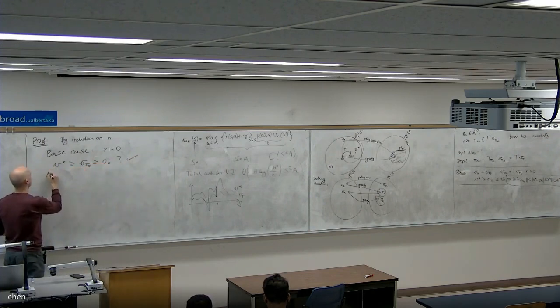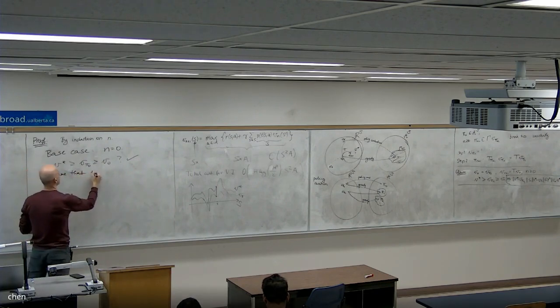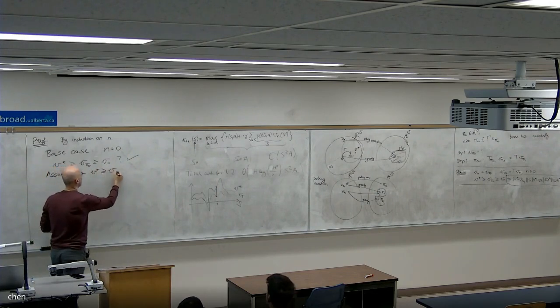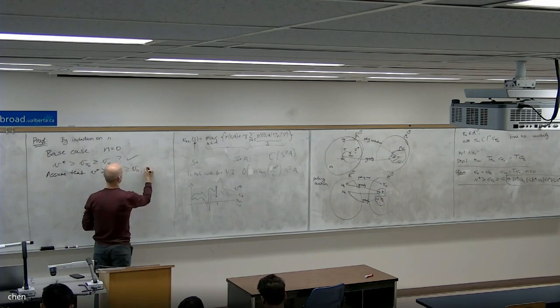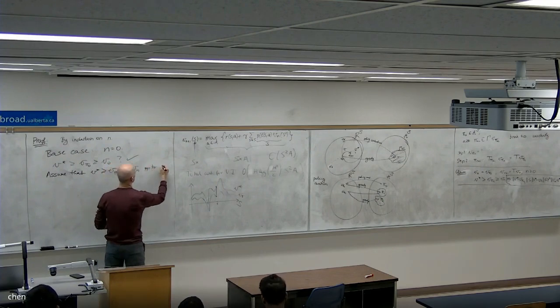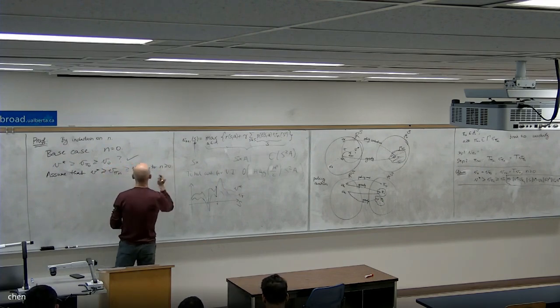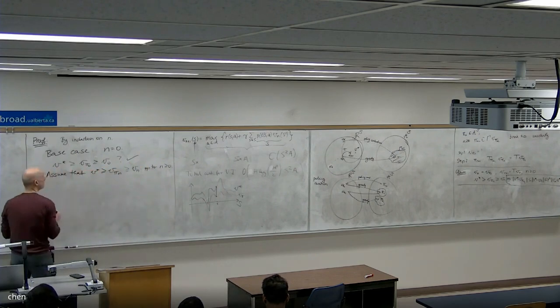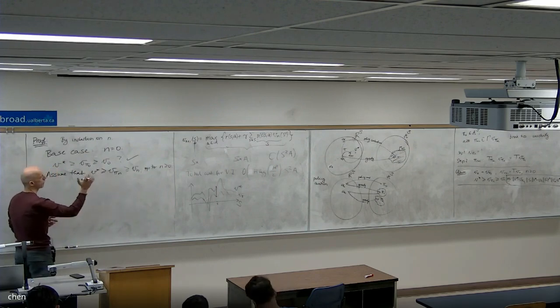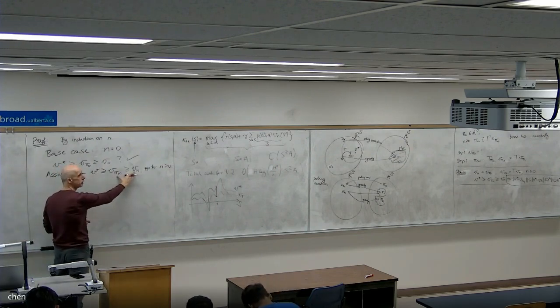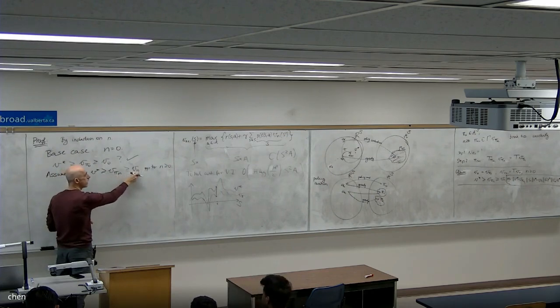So assume now that we have already shown this for some n, let's say up to n greater than or equal to 0. We want to show it for n plus 1. So the only thing that we have to worry about is whether v pi of n plus 1 is at least as large as v n plus 1.